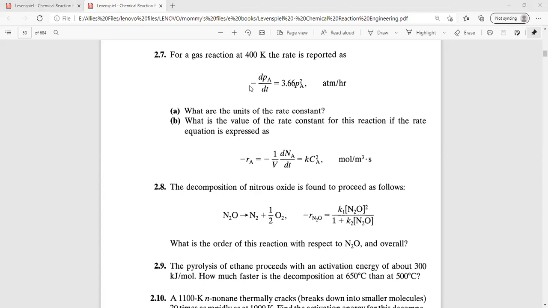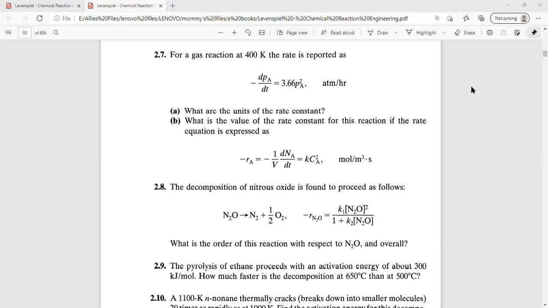We can have Emilio. What is the unit of your rate constant? Or in the first place, what is your rate constant? Emilio? Miss, good afternoon.